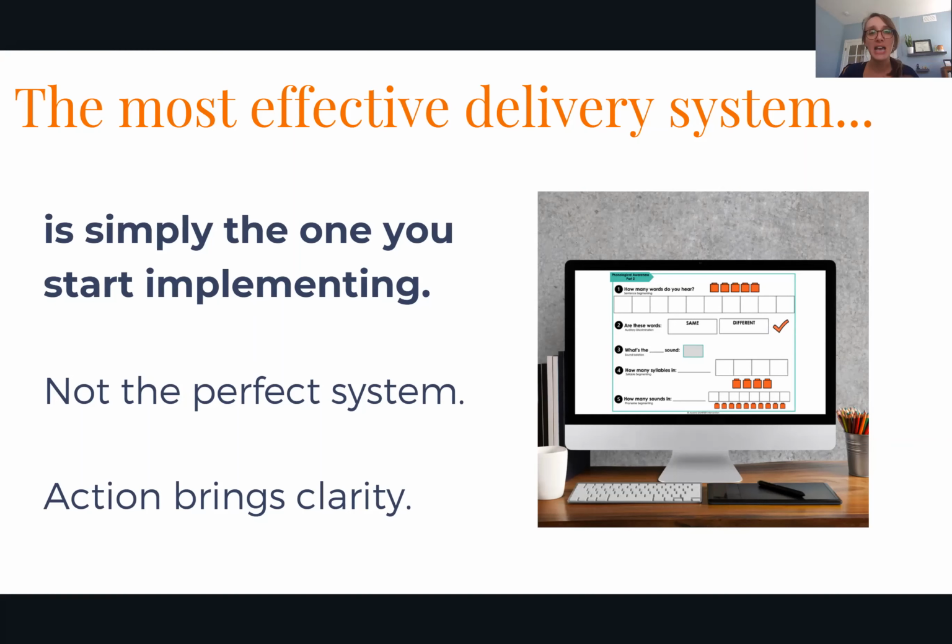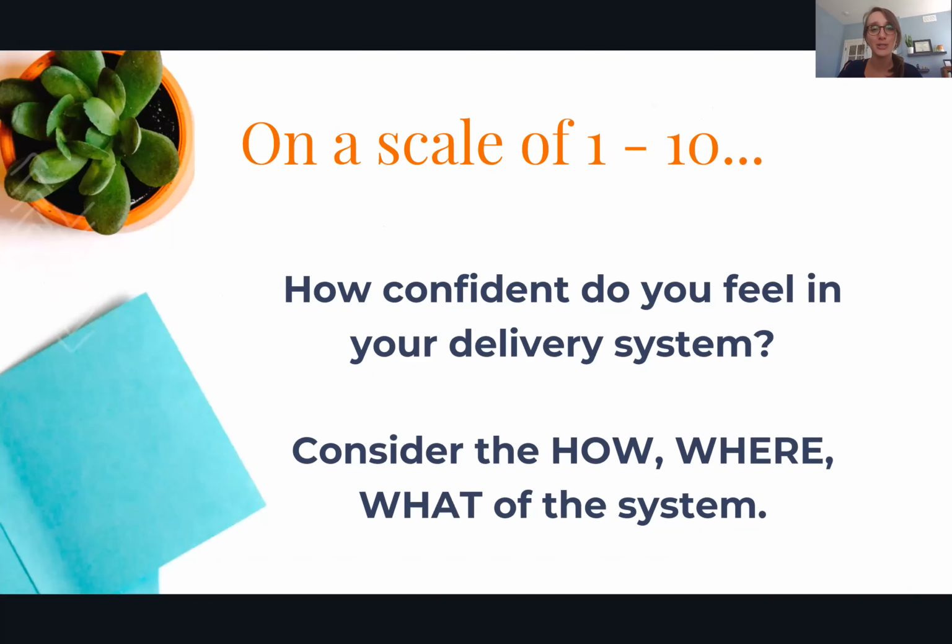So make it easy for your students. Make it easy for your families. The more complex pieces you add, the more challenging it gets for them. You don't need all the bells and whistles. Start where you are and move forward. On a scale of 1 to 10, think about how confident you feel in your delivery system. Think about the how, the where, and the what of that system.